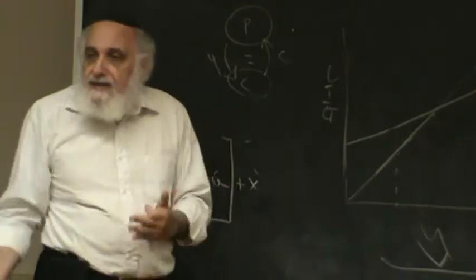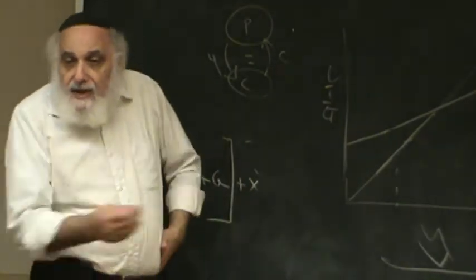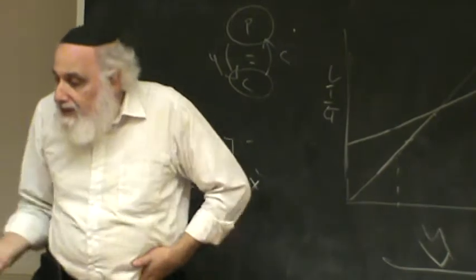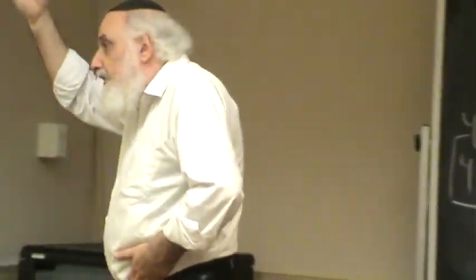So again, it's the same equilibrium, except instead of the C line you have a C plus I plus G line, and you're looking for where the two axes are equal, where one axis is C, I, and G, and the other axis is Y.